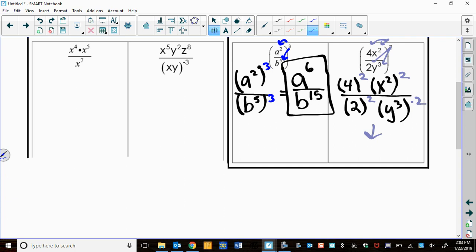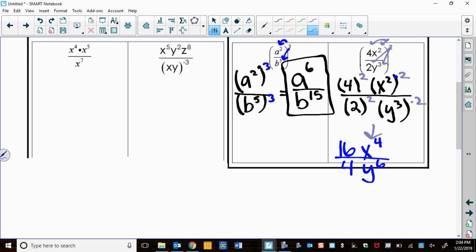4 to the second power is 16. Now we're going to multiply these two exponents because of my rule. So x to the 4th power is now my new exponent. 2 to the second power is 4, and my exponent for y, because I'm multiplying these two, is going to be 6.